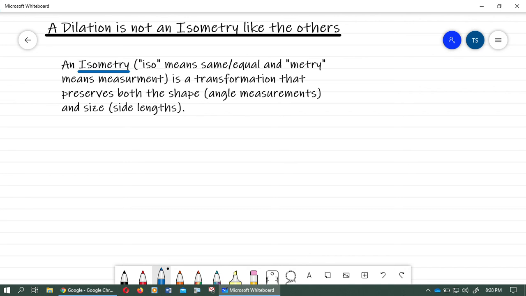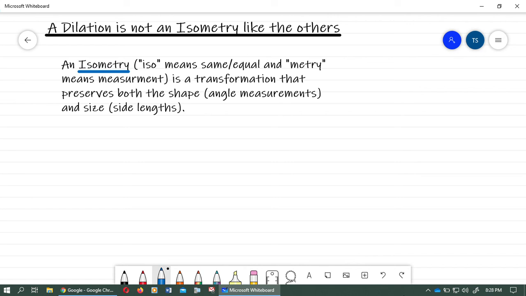Those angle measurements should be the same for the pre-image and the image, and also the size should be the same, meaning the side lengths, or the perimeter, which is the total distance around a figure, or if it was a circle, the circumference could be the exact same. But again, the size of it is the same, as well as the shape.